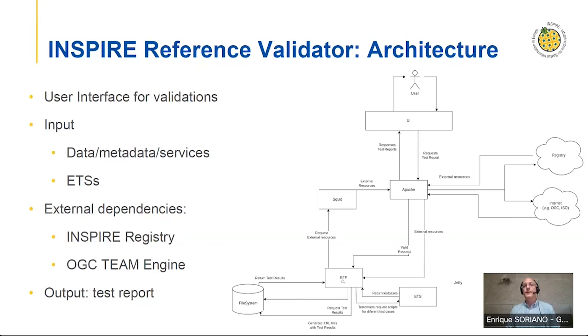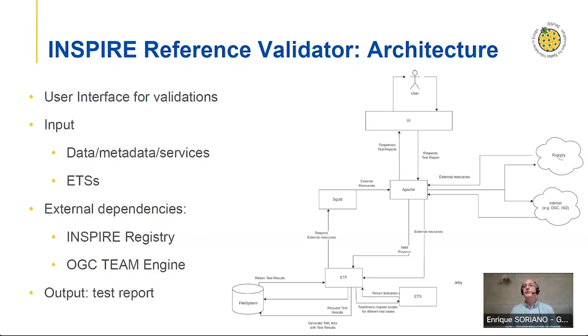But before producing the test report, it is important to let you know that in the process of executing an ETS, it has to collect and connect to external resources.